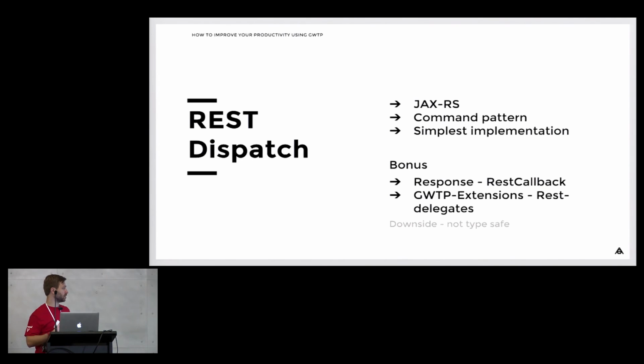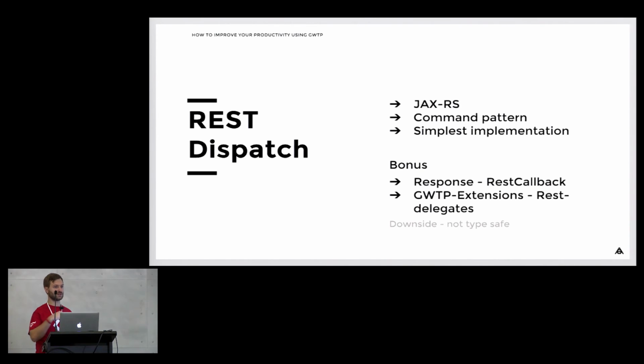So we wrote, as an example, an extension to GWTP RestDispatch, which is the rest delegate. What it does is that you don't need any more dispatcher and then you call the service, for those of you that are used to RPC dispatch. So you basically inject into your class the resource delegate for the service that you want, and then you call whatever you want to call. The only problem with that is that it's not type safe.